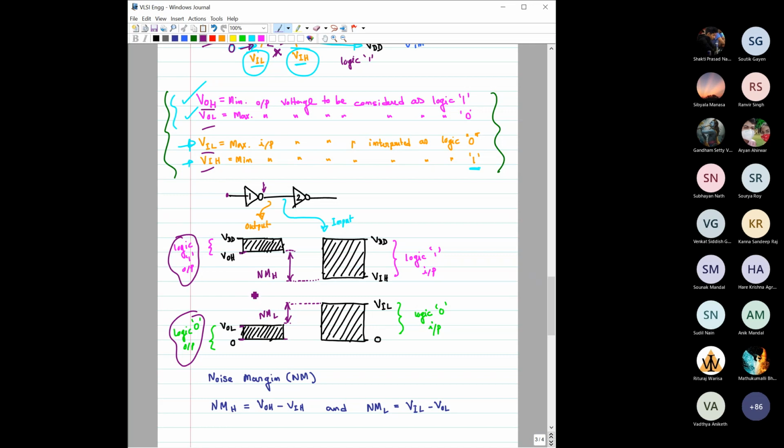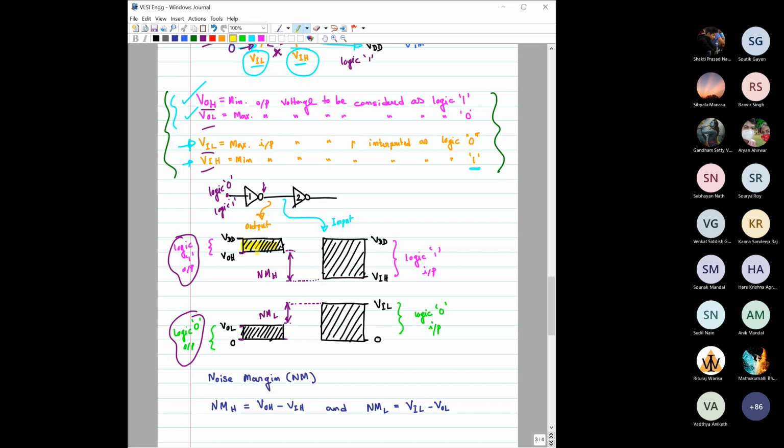Okay, so this is the range, right? Depending on this design, depending on the input, so input is what? This input will definitely be logic 0 or logic 1, right? Depending on that we will get here either logic 1 or logic 0. So here we can see we are getting a type of band.